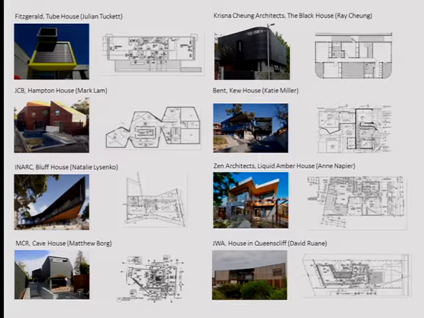For instance, the Cave House with Matthew Borg, or the Black House, Ray Cheng. They've developed these houses, so they actually know what it is because they've done it. So that's probably the best. This is the type of criteria we've used to select the case studies.